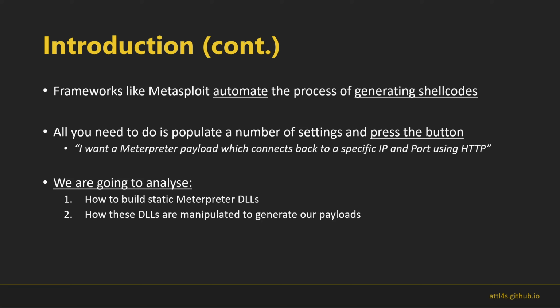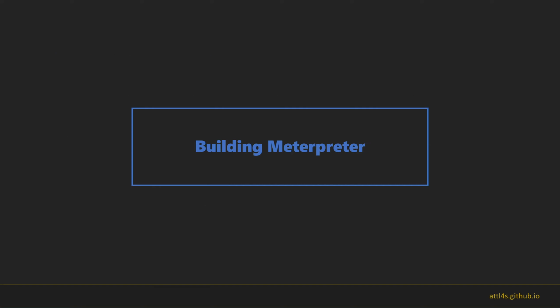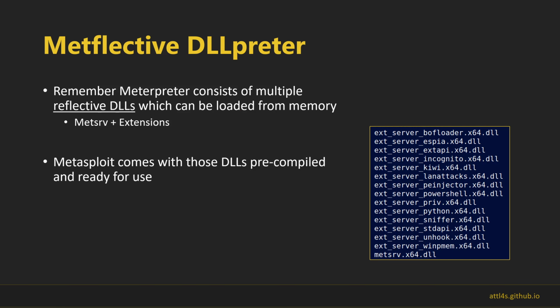Okay. In this section, we are going to analyze first how to build static Meterpreter DLLs, and second, how those DLLs are manipulated to generate our final payloads. Starting with building Meterpreter.